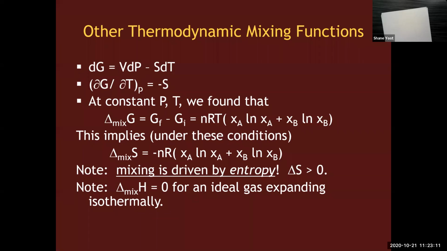So for ideal gases, you should expect that it's only entropy that's driving this mixing, because there are no intermolecular forces, so there can't be any enthalpy changes or energy changes, and it's purely an entropy process.